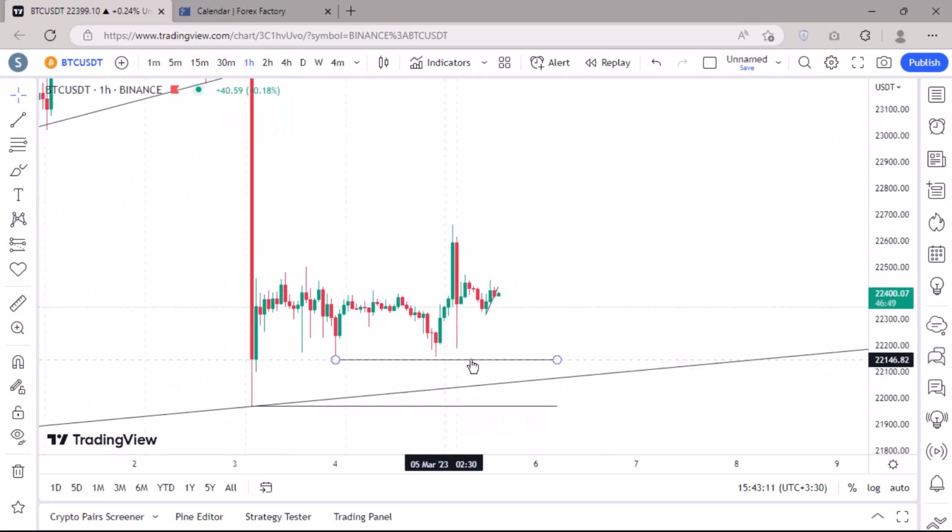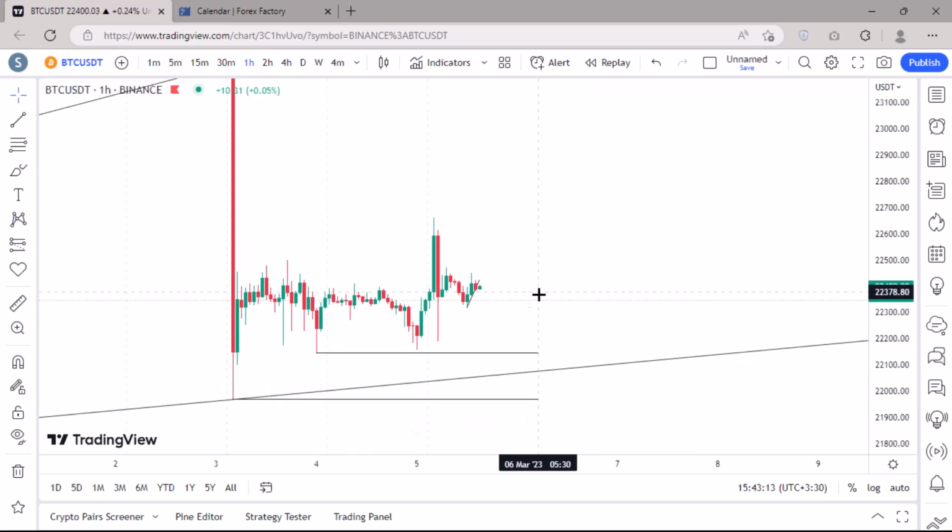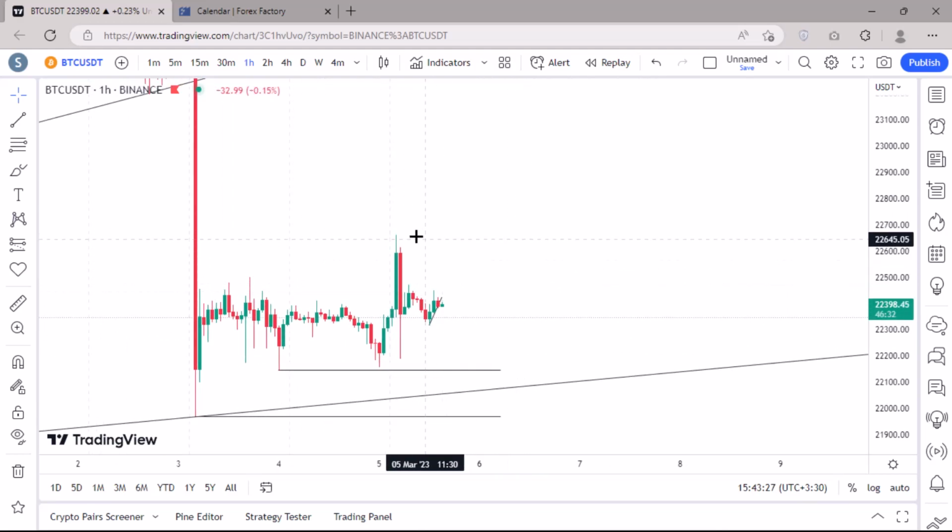We have some support lines here, as you can see, where the price came to this level on this support line and started going up. We drew this support line here, okay? I believe we can have some reactions to this. Otherwise we can have some reactions to this resistance line here.